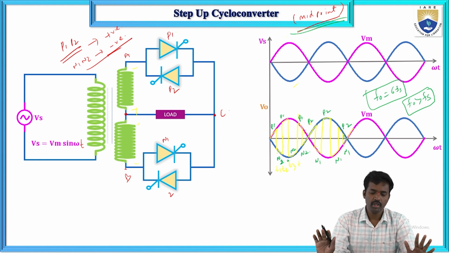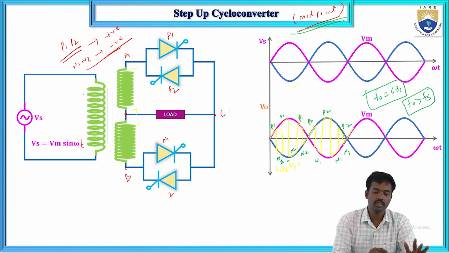Here there are a total of 4 switches: P1, P2, N1 and N2. P1, P2 are positive group switches and N1, N2 are negative group switches, and we are giving the supply to this center tap transformer. When VA is positive with respect to this zero O, P1 and N2 thyristors will conduct.